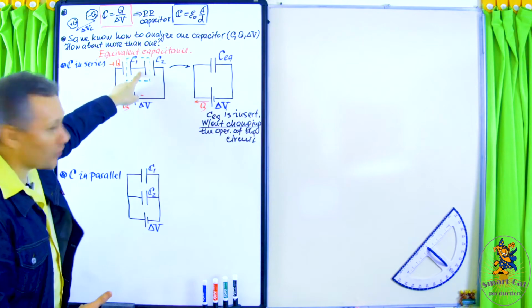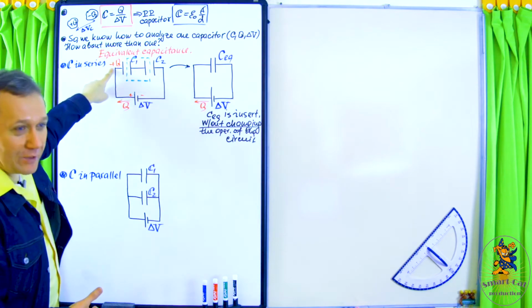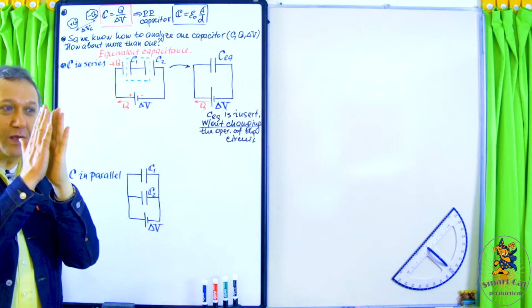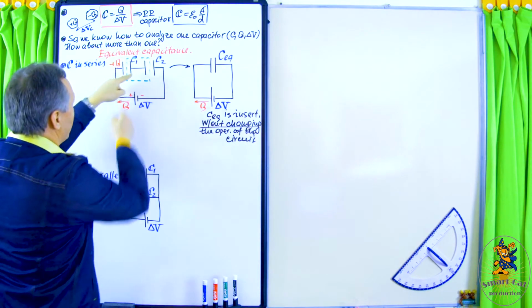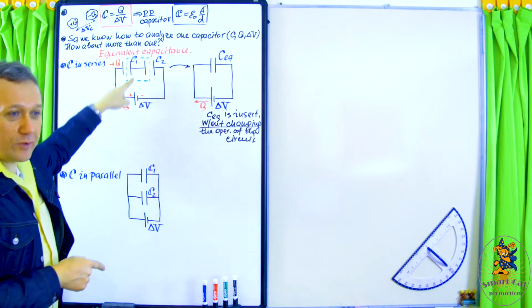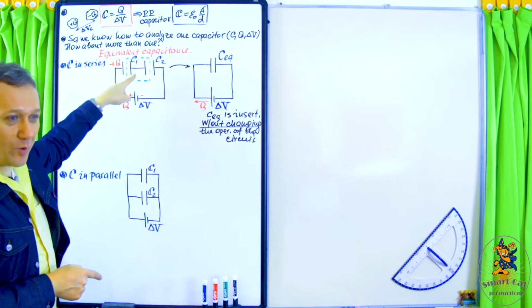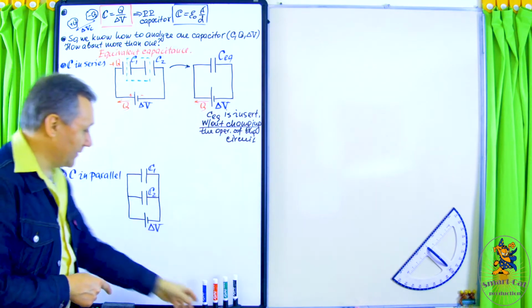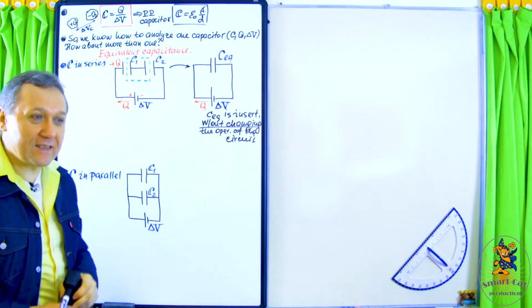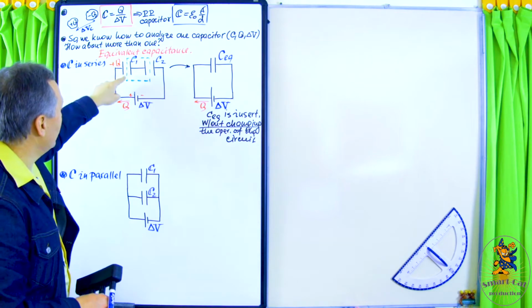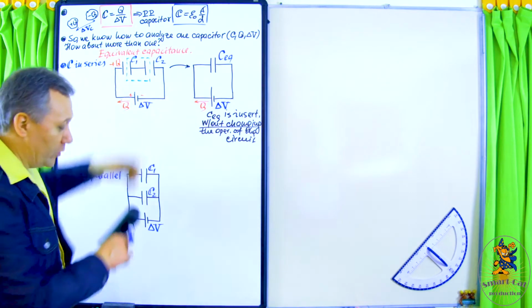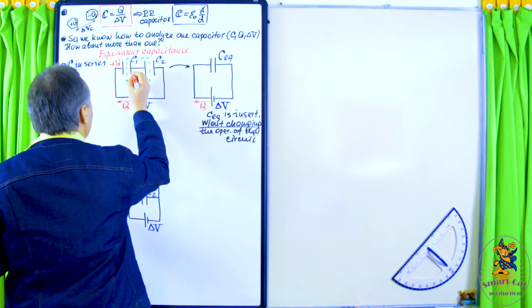Those electrons seize this positive charge, because we basically have two electrodes next to each other. Electrons will run to this side of the island, exactly the same amount of charge but of course opposite in sign. So if we have plus Q on this electrode, we're going to get minus Q.